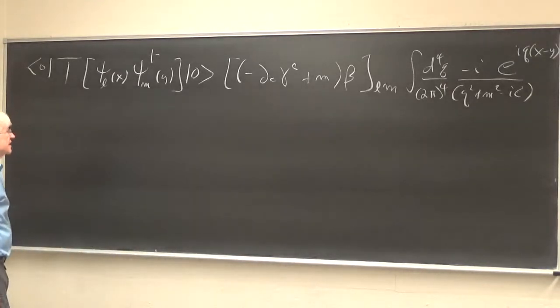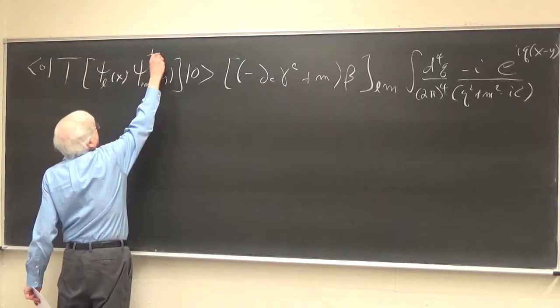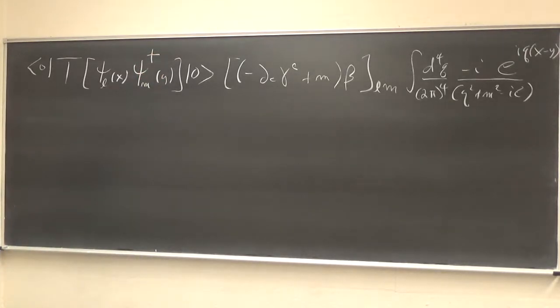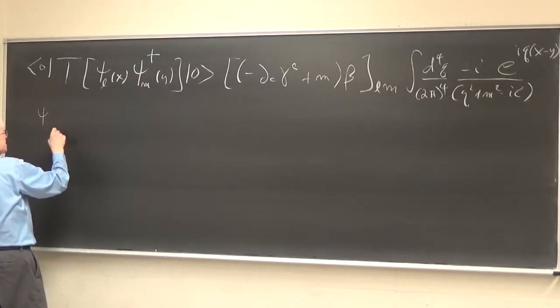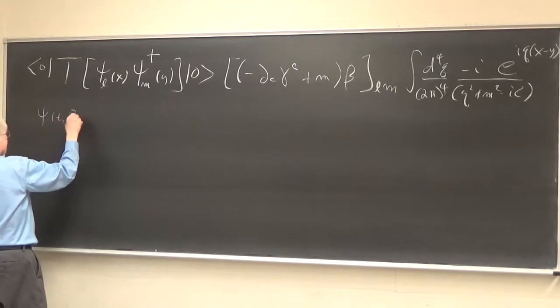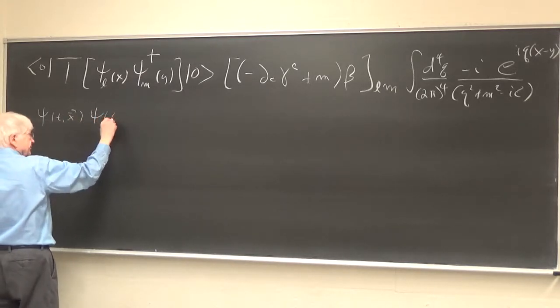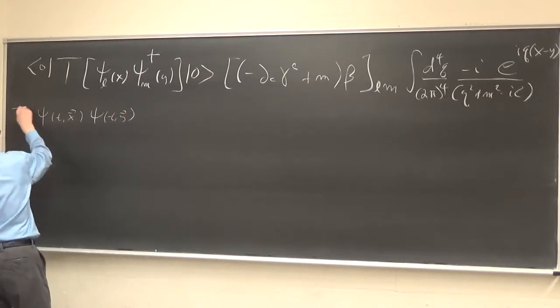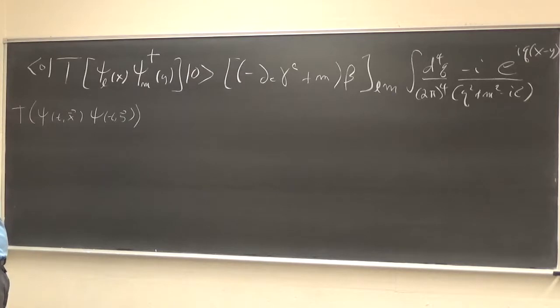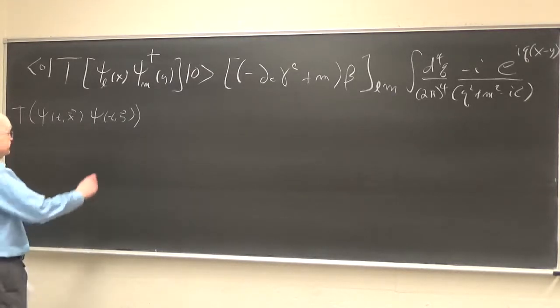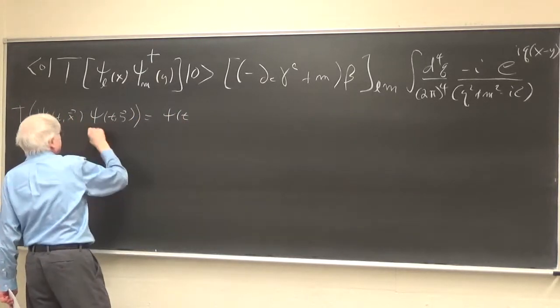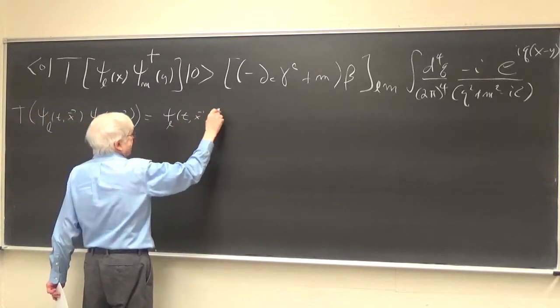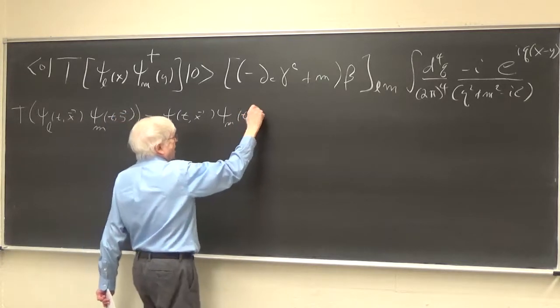Because if, for example, let's just take two fields rather than the field and its adjoint, if you had them at equal times, and you had this time-ordered product without the extra minus sign, then that would give you Tx psi m Ty.